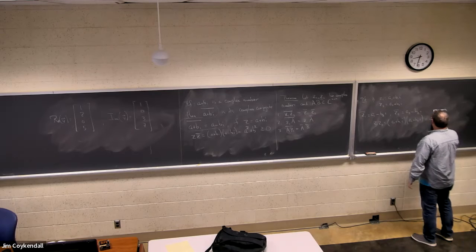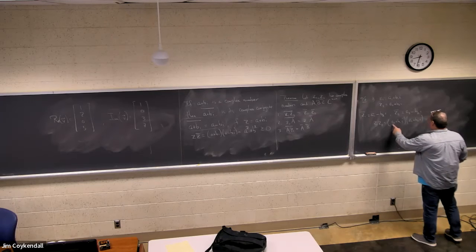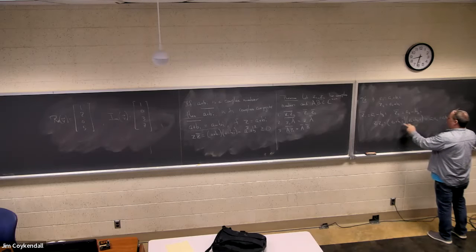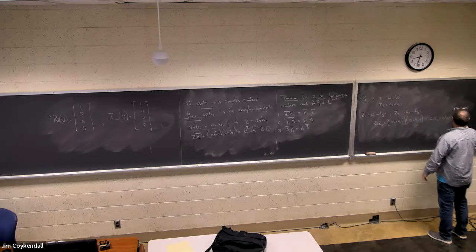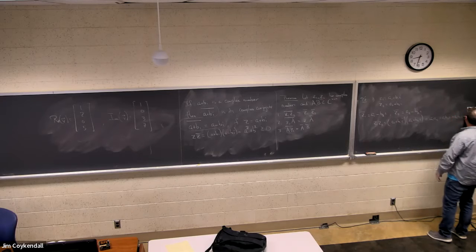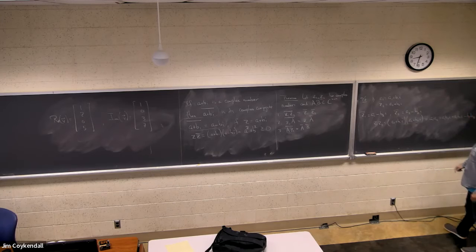This is a1 a2, and then the other stuff: a1 b2 i, a2 b1 i. And then the product of these b's is minus b1 b2, because i squared is negative 1.